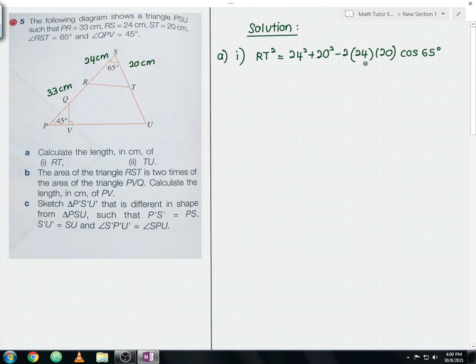Okay, so you calculate this. So from here you get RT square is equal to 570.2865.